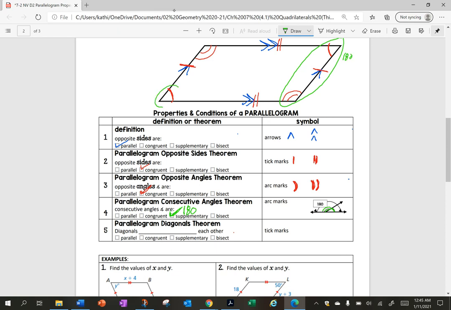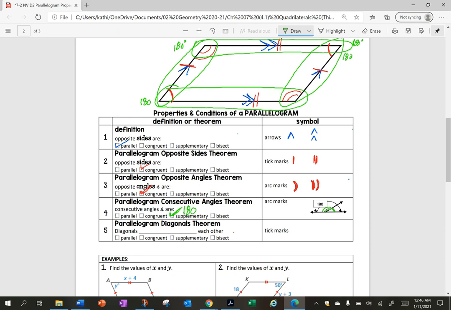Consecutive means in a row. If I add these two angles together, they total 180. These are consecutive angles. It doesn't matter which two consecutive angles I'm talking about. Two consecutive angles are supplementary.